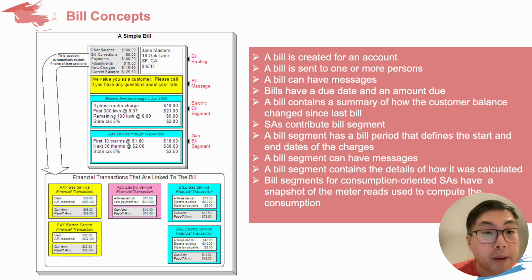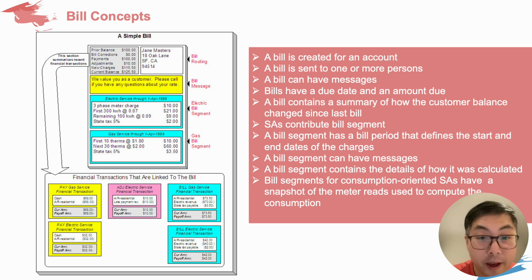I think this is probably the first time I've shown a bill on this slide, but I'm not quite sure if you have seen a bill before in your implementation. It might look very different from this one because different projects would have different logic for the bill calculation and bill presentation.